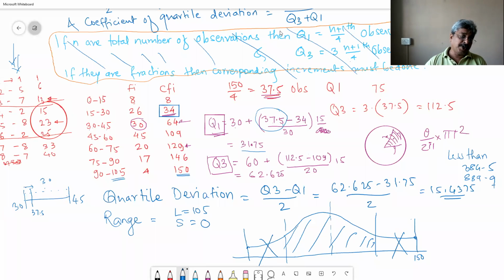However, in this 15 range, you have gone ahead 30. 15 corresponds to 30. Therefore 3.4 corresponds to how many? That is the question.